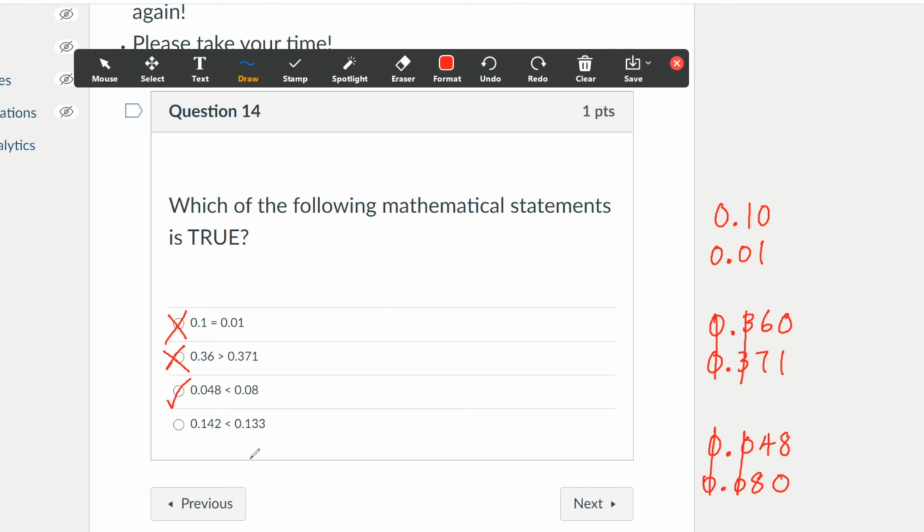Let's check that last one just so we have completion. 0 and 142 thousandths compared to 0 and 133 thousandths. Zeros, ones, 4 is bigger, so it is not the correct statement. So this is also not a true statement. So the only correct one is 0 and 48 thousandths is less than 0 and 8 hundredths.